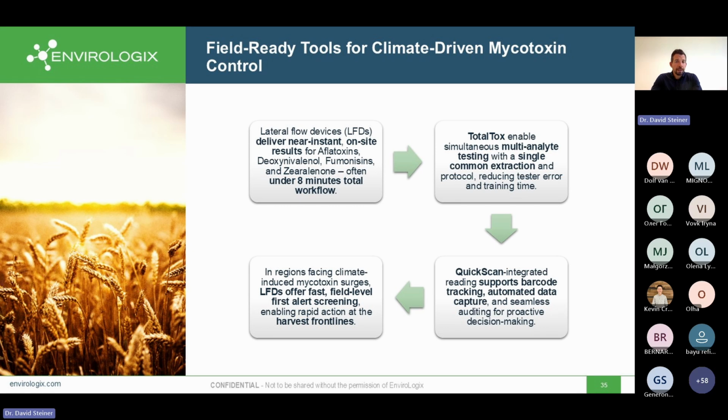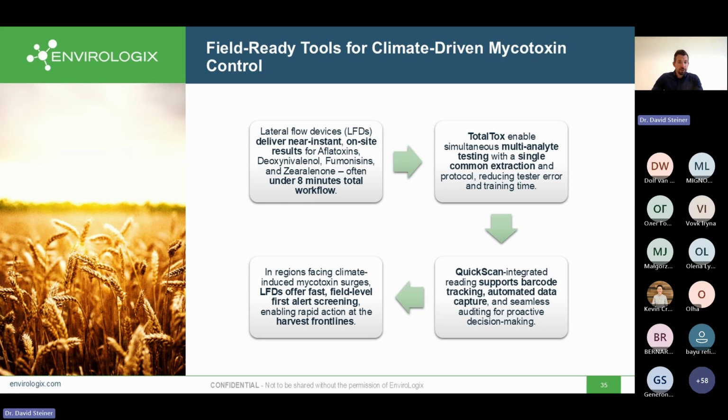So following these recent advances in lateral flow testing, commercial products such as the TotalTox and QuickScan from EnviroLogix now provide truly field-ready solutions for rapid mycotoxin assessment. These tools deliver near-instant on-site results for major mycotoxins, including aflatoxins, deoxynivalenol, and fumonisins, often within only an 8-minute workflow.